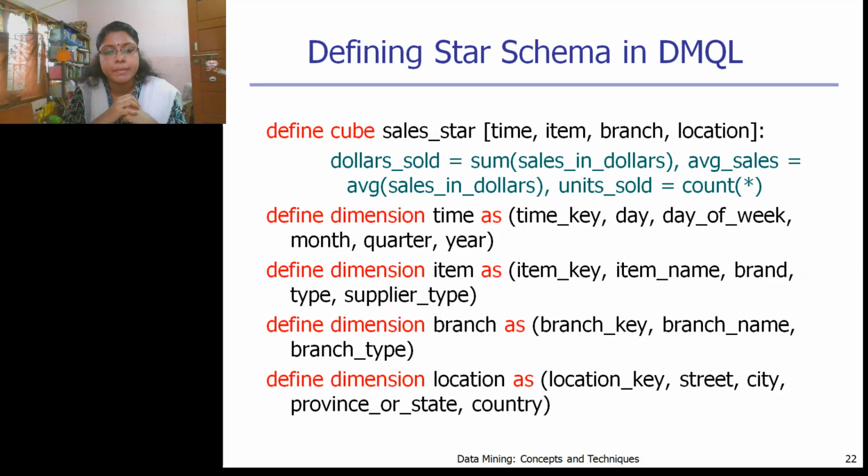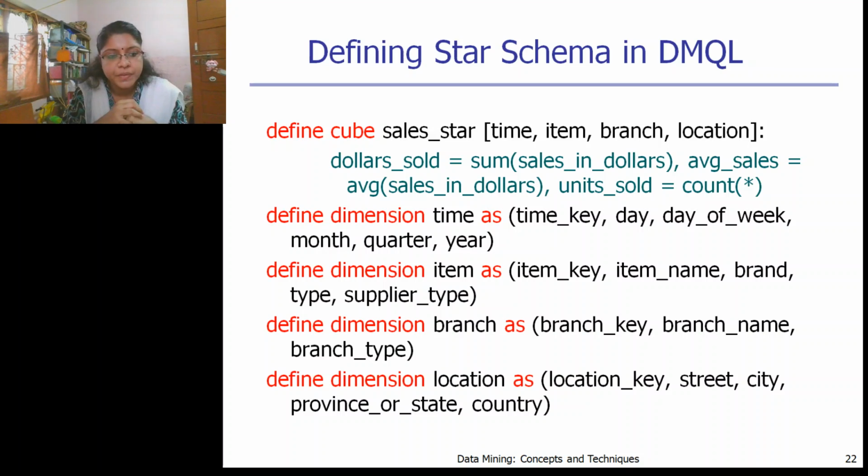Then we represent the measures. Dollars sold equals sum of sales in dollars, and average sales equals average of sales in dollars, and units sold is count star. So this is how you can define a fact table.